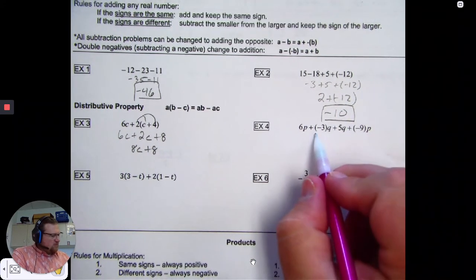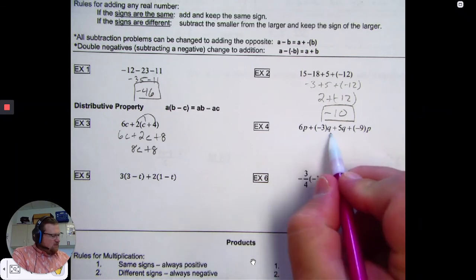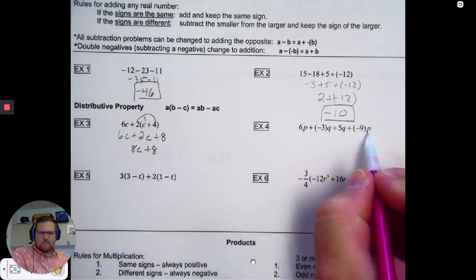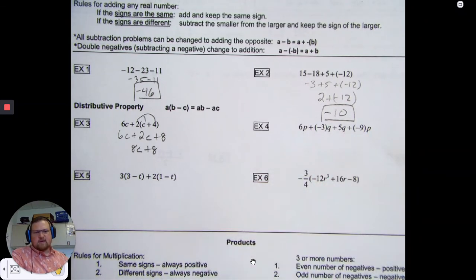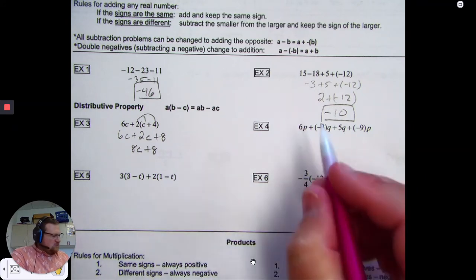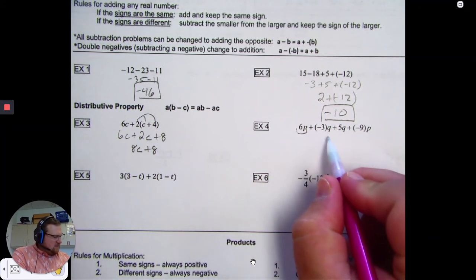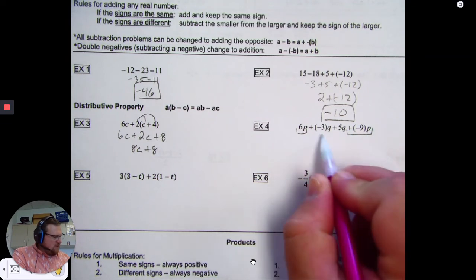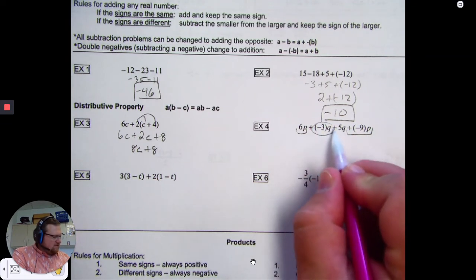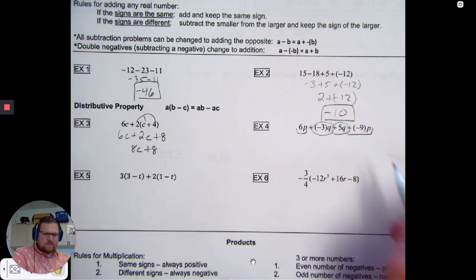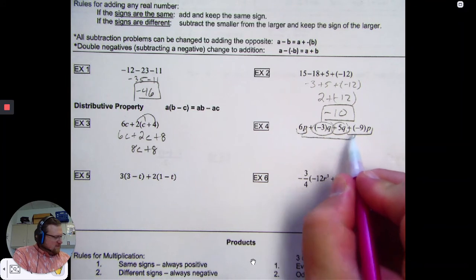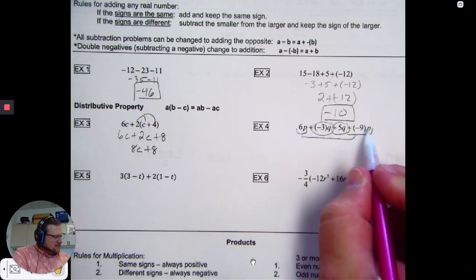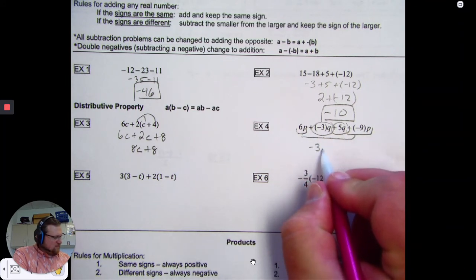Okay, number 4 over here, we have p, we have q, we have q, we have p. So remember, we can only combine variables that are the same. So we have this 6p that can come together with this negative 9p. Then we have this negative 3q that can come together with this positive 5q. So 6p minus 9p is a negative 3p.